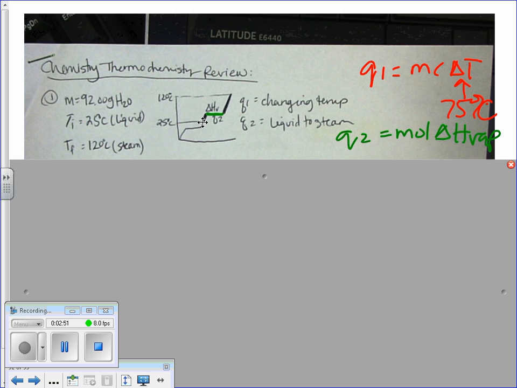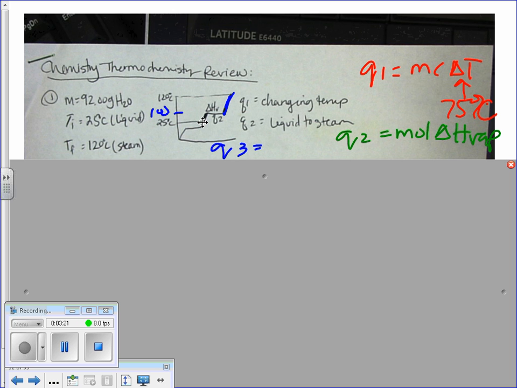Third Q is what? We're on the graph here. I hear mcΔT, so you're telling me it's from the place where we just ended to the very end. So Q3 is whenever you are changing temperature again, but what's our temperature change here? Right, from 100 to 120, so that's a 20 degrees Celsius change.